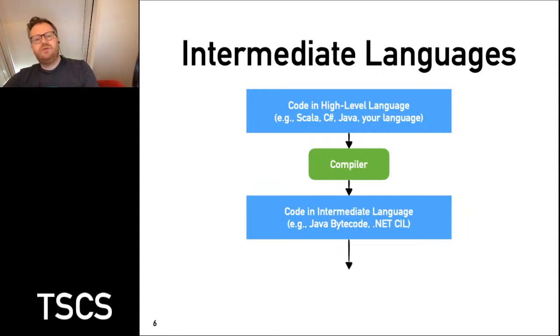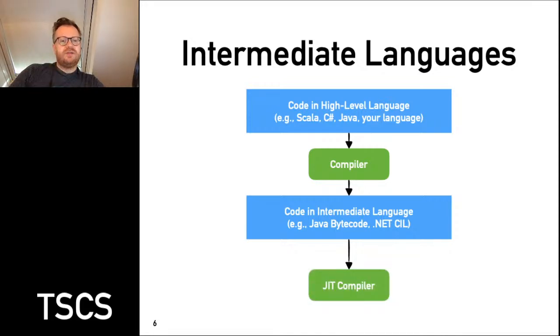And then this code is delivered. When you download a jar, that is Java bytecode, and then there's a JIT compiler that compiles it to your machine. By the way, this is also true for very modern things like smart contracts that are distributed on blockchains.